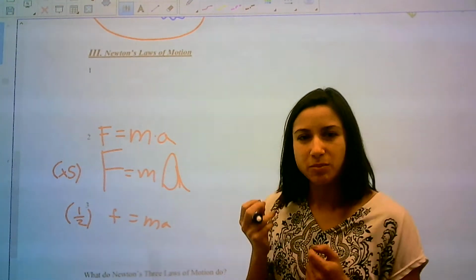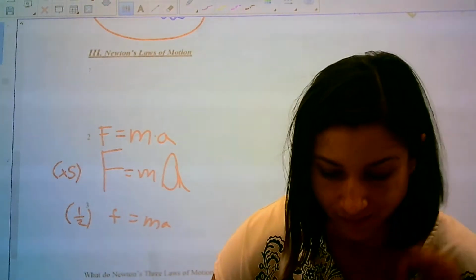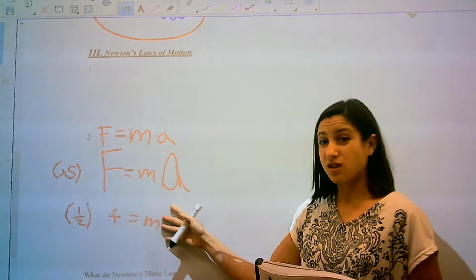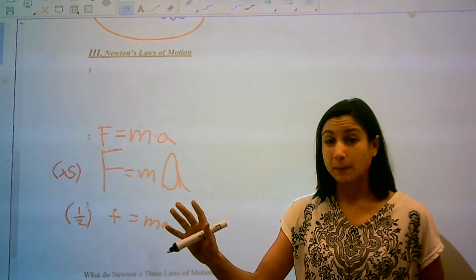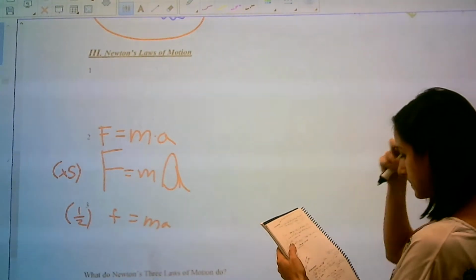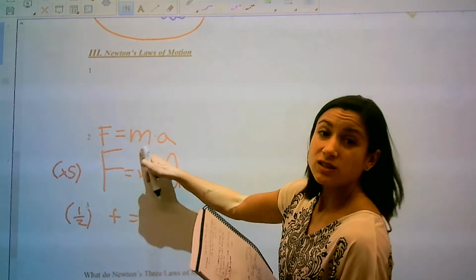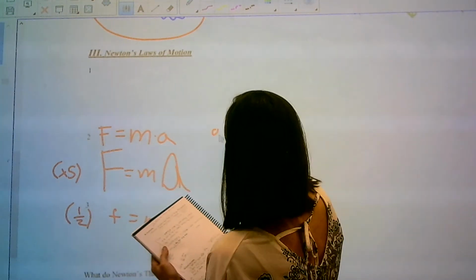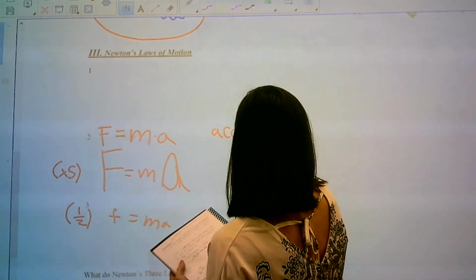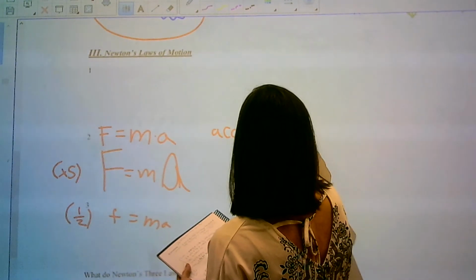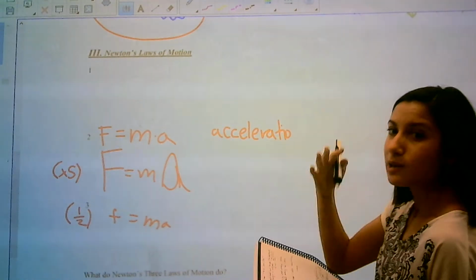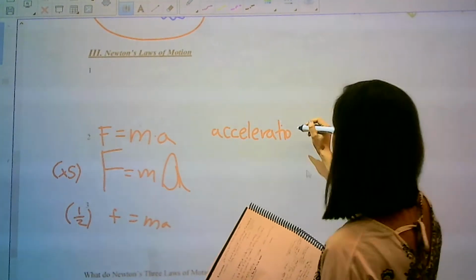The relationship. We can also state this mathematical equation verbally. Based on what we know here, we can say that acceleration is related to these 4 things.